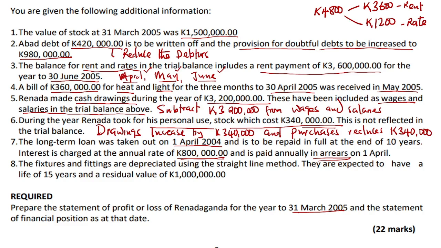It was received in May 2005. Okay, that bill was for 3 months. It was received in May 2005. What does that tell us?